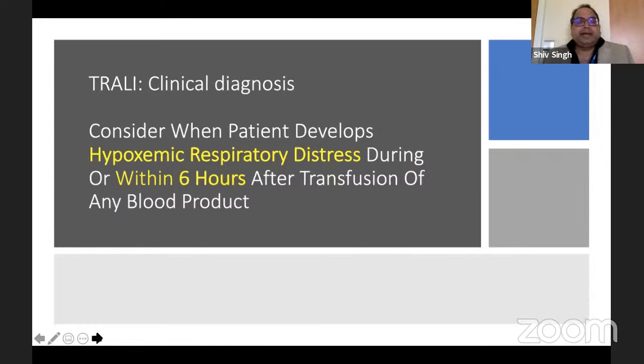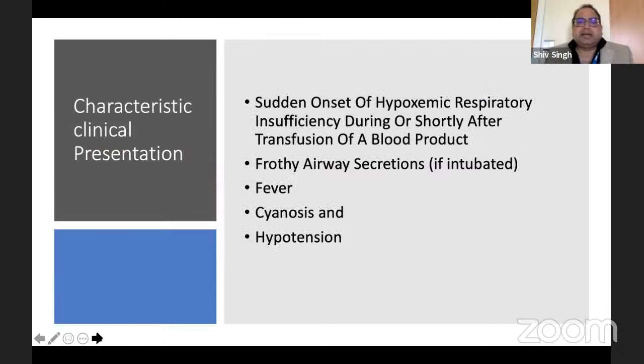So, how do we diagnose TRALI? TRALI should be considered in patients who develop hypoxemic respiratory distress during or within 6 hours after transfusion of any blood products. So that's the diagnosis.